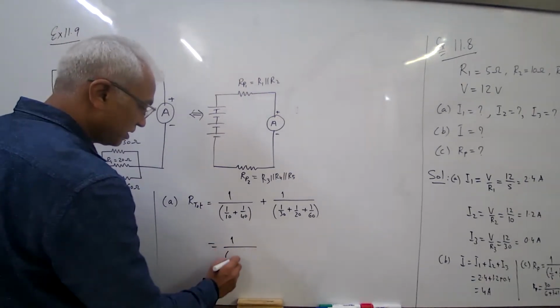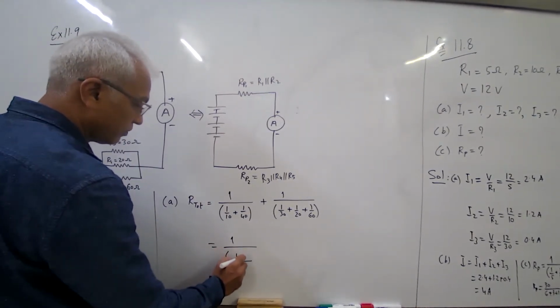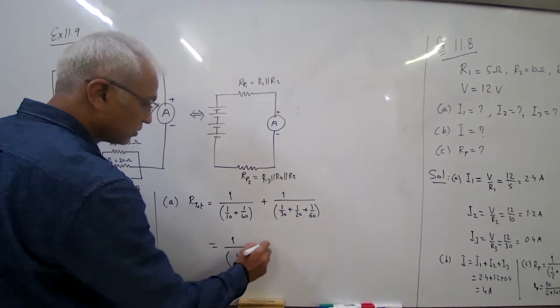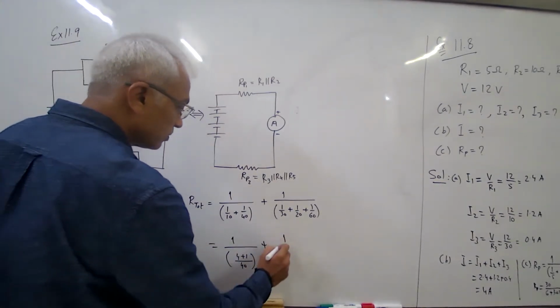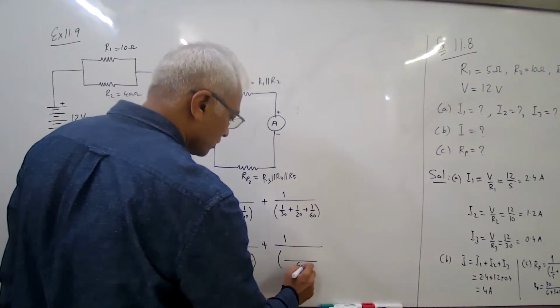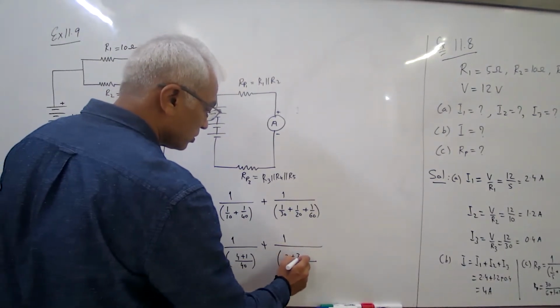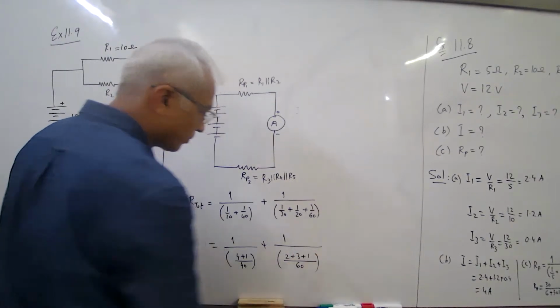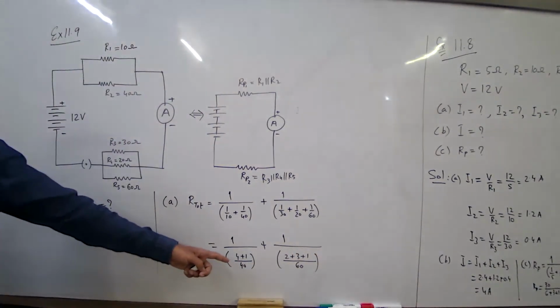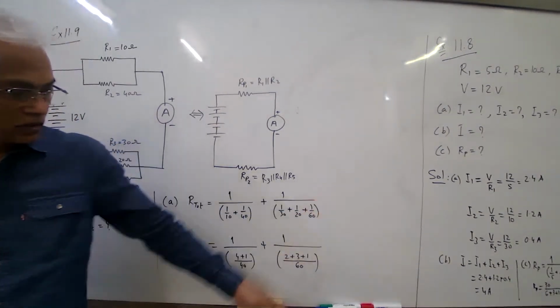So basically you will get LCM is 40, 4 plus 1. What is the LCM for this? 60. So 2, 3, 1. This is how it will be. Here also, the LCM I have not shown here. Straight away 30.